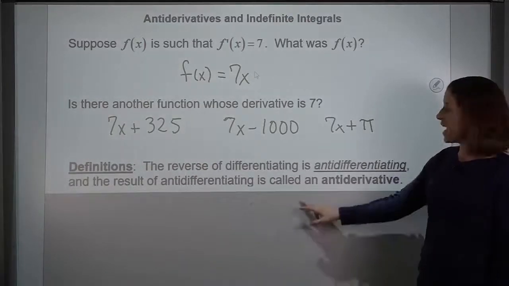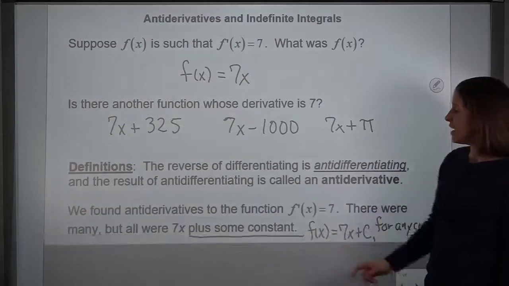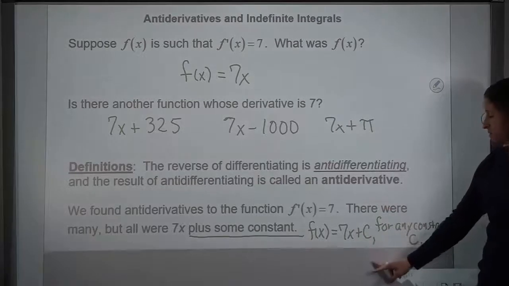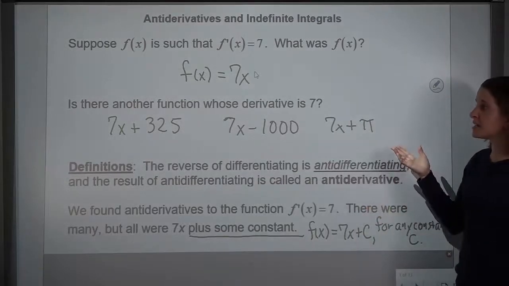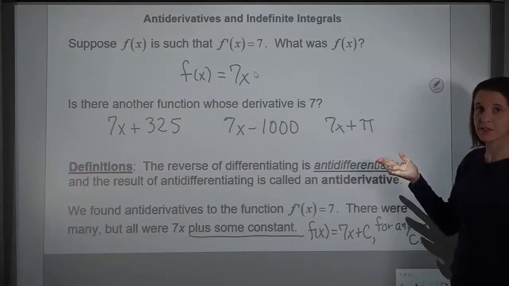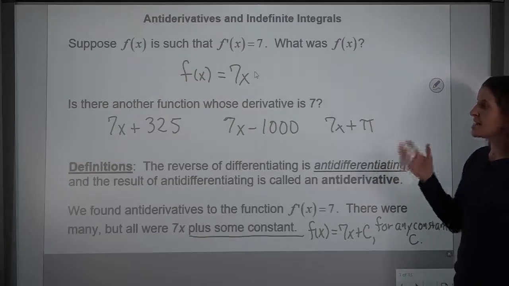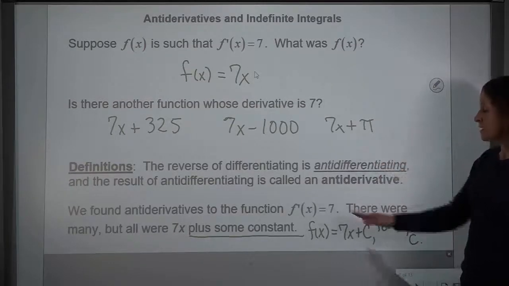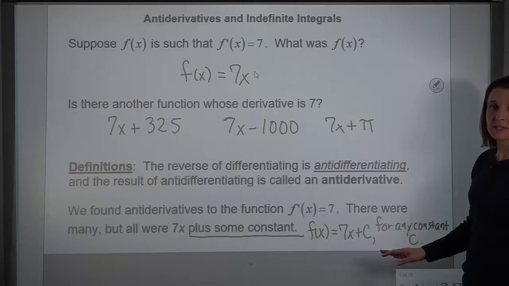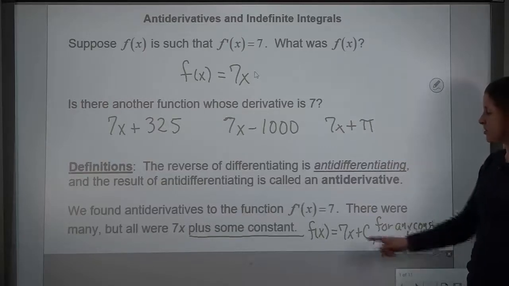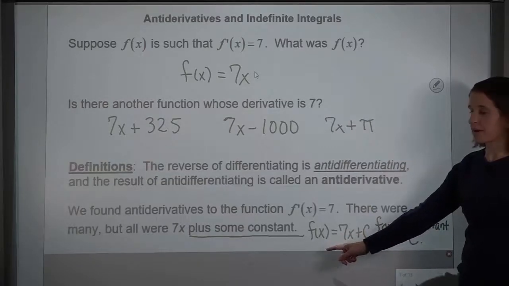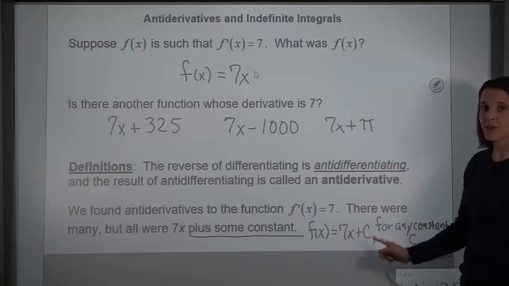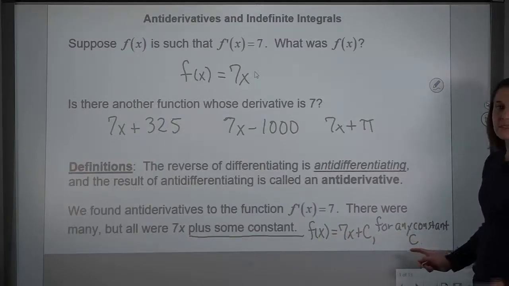So it turns out that if we had chosen any constant, this would have worked. So all the various answers we could think of, and you might have thought of some others, had that same 7x piece, but they had some constant that we could add to them if we wanted to. So in general, what we're going to do is write our answer as f of x equals 7x plus c, where c is any constant.